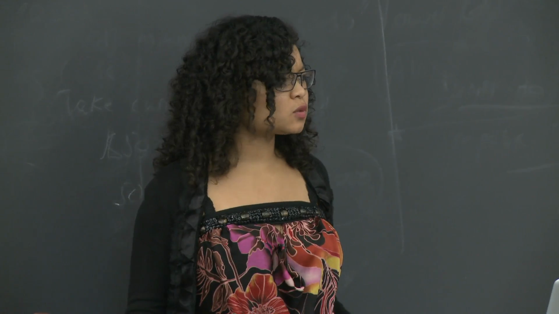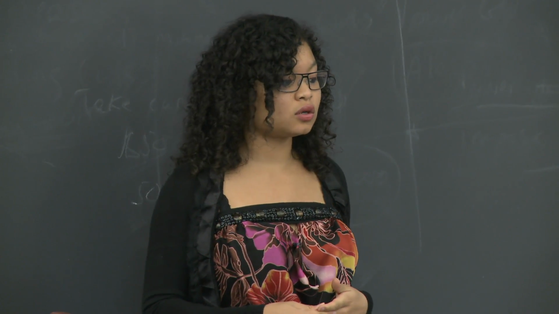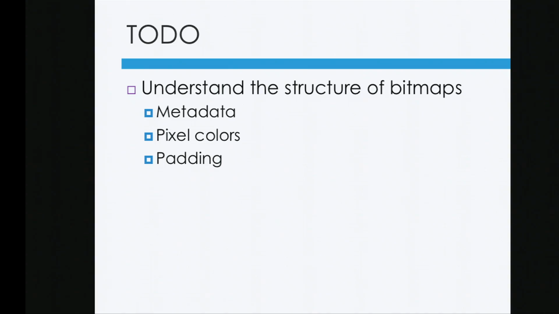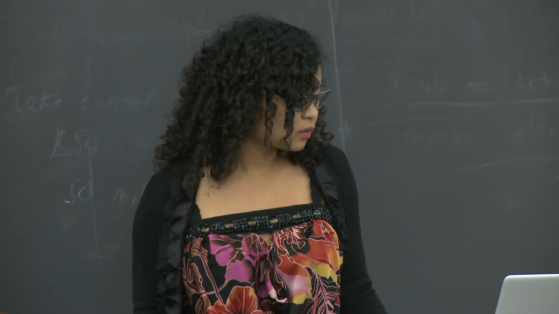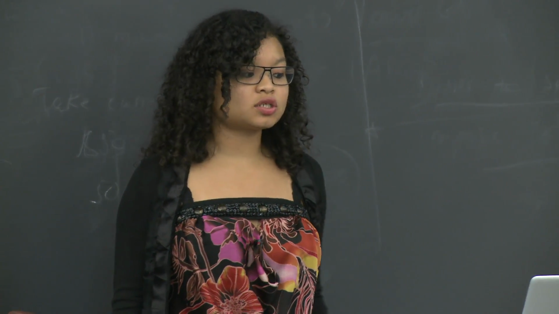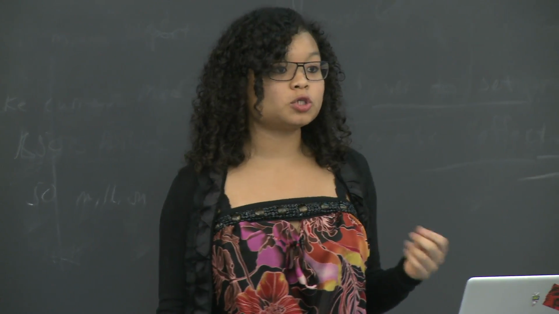All right, so since we're going to be dealing with editing and manipulating bitmaps of some sort, we're going to dive into the structure of these bitmap files. Now, we went over these a little bit in lecture, but let's look into them some more. So bitmaps are essentially just an arrangement of bytes where we've specified which bytes mean what.